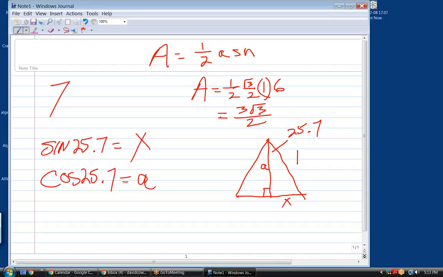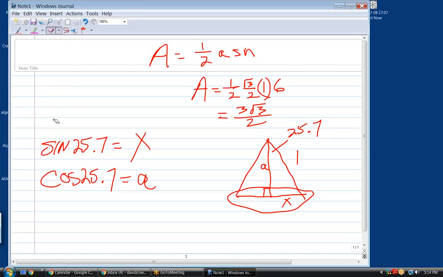And so the area would be 1/2 times the cosine of 25.7 times twice x, twice sine of 25.7, times 7. In other words, the side length is always 2 x's. And in this case, x isn't going to be 1/2. So the side length is not the same as that diagonal length.